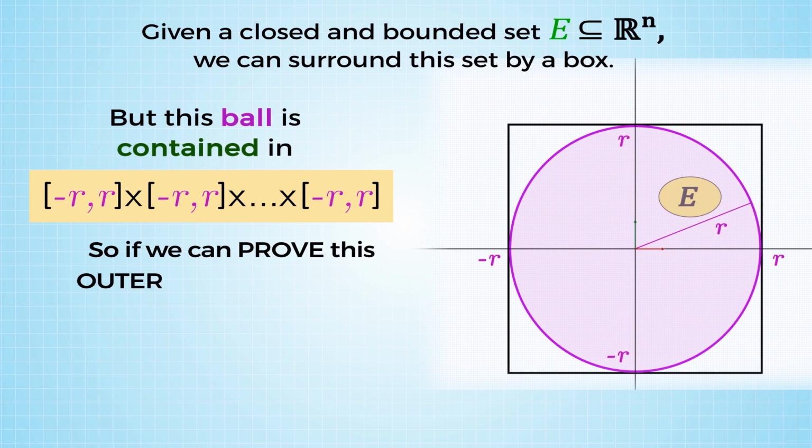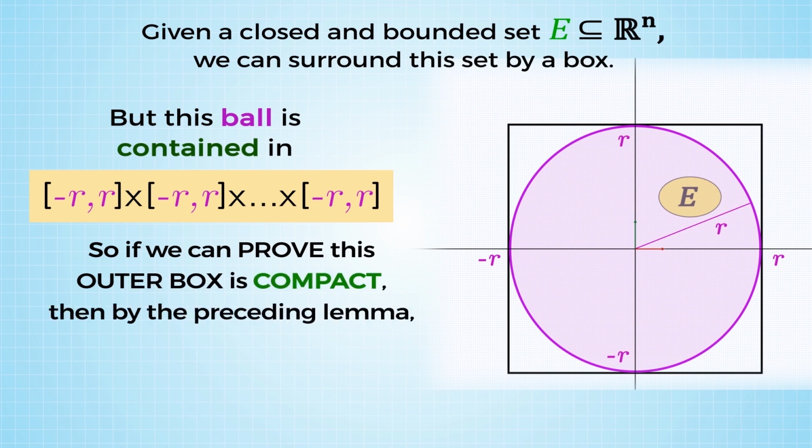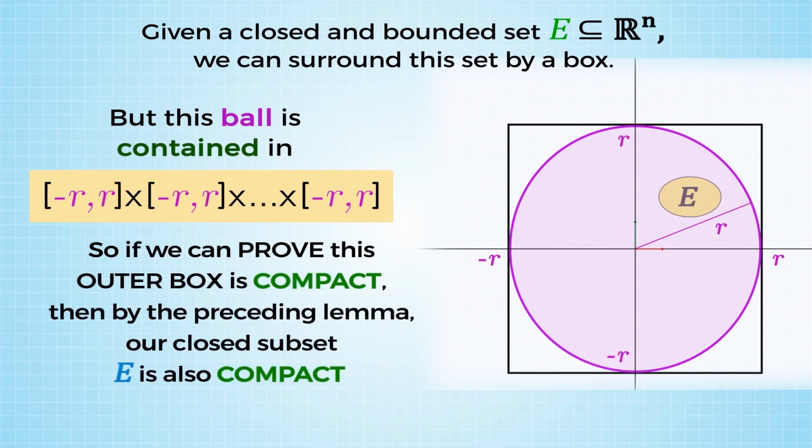So if we can prove this outer box is compact, then by the preceding lemma, our closed subset E is also compact.